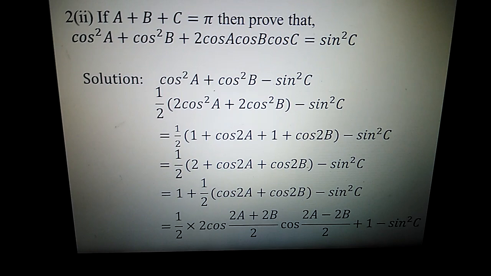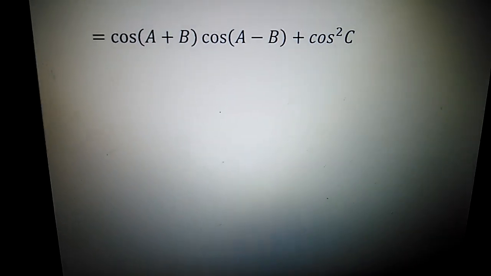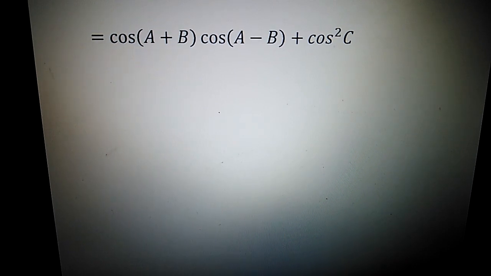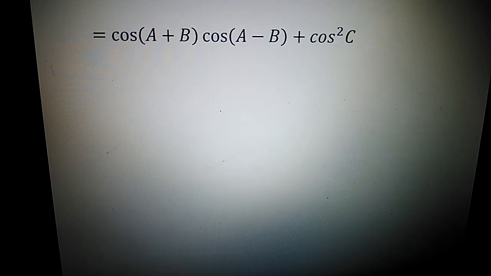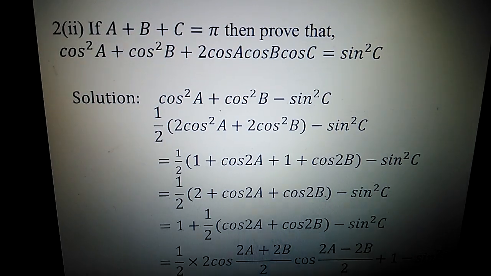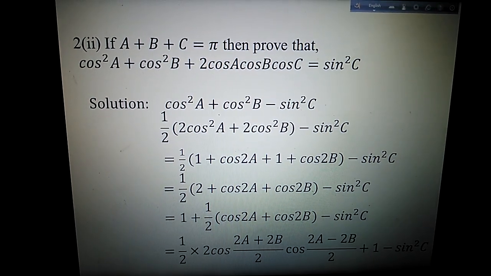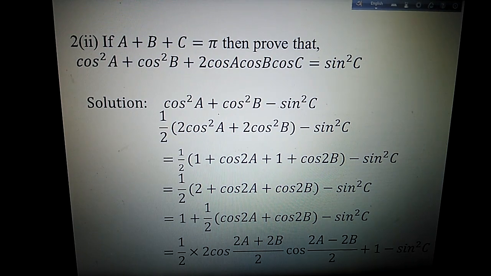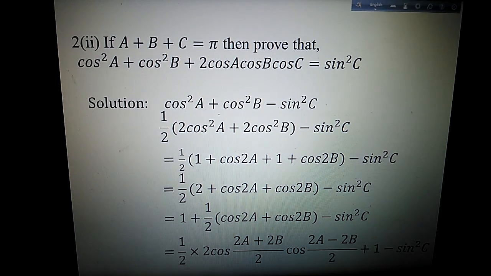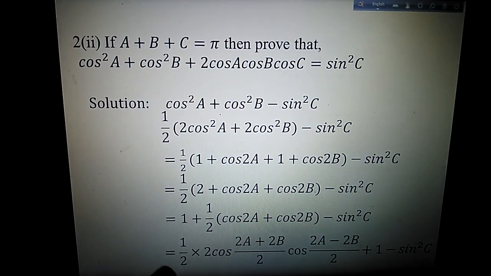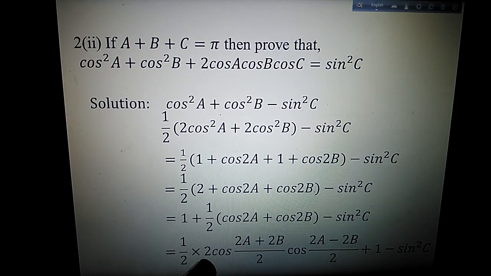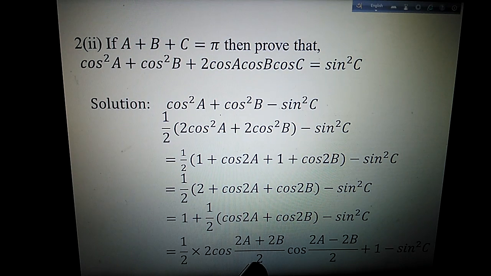Okay, now we are going to the next line, and next line becomes cos (a plus b) into cos (a minus b). I am repeating the line again. Here half into 2, it is 2 and 2, this 2 and this 2 discarded, and if we take 2 as a common, this 2 and this 2 will be discarded.